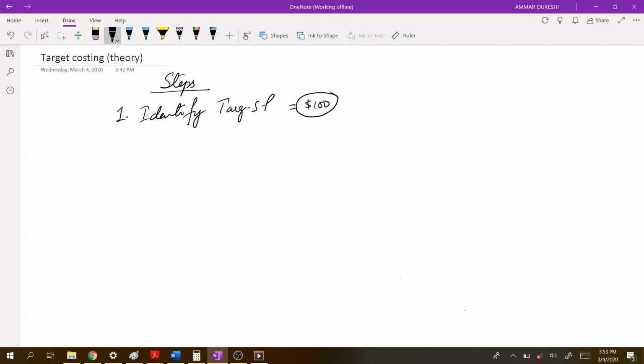So, for the establishment of the targeted selling price, we first need to consider what kind of product we want to manufacture. There are two to three aspects of the product.